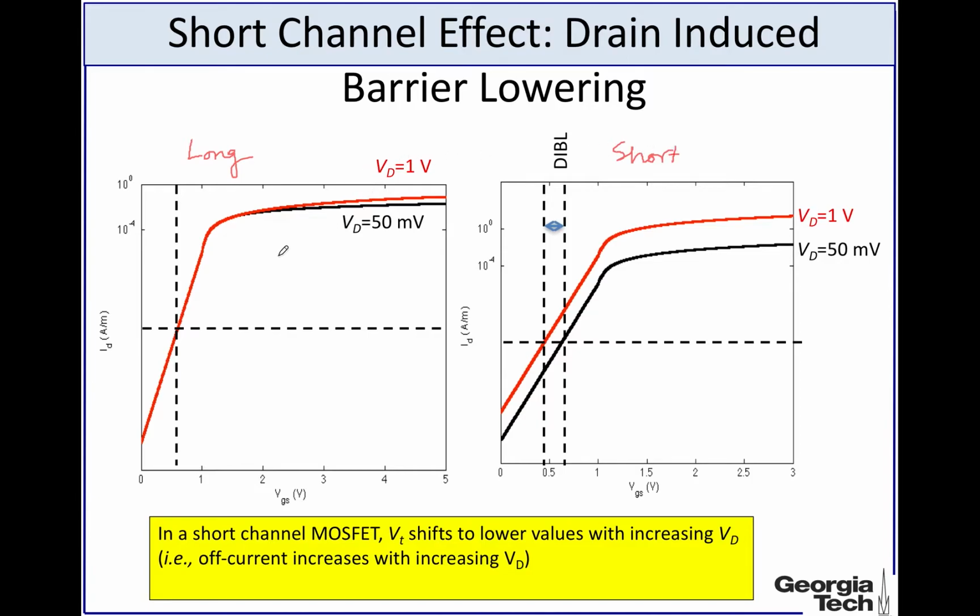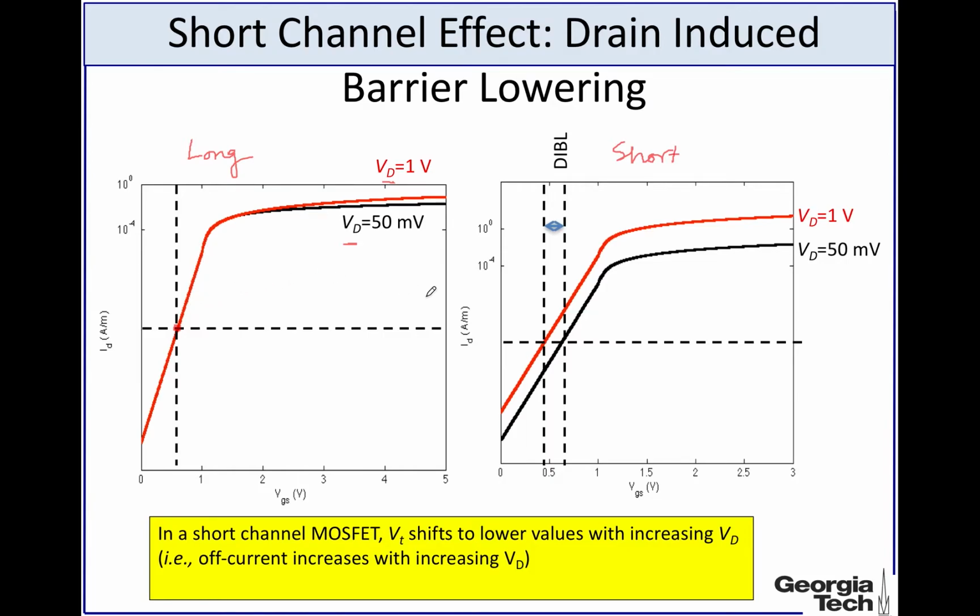Here we see that for two different values of the drain voltage, our subthreshold current is the same, because based on the equation that we derived, the subthreshold current is a very weak function of drain voltage when the drain voltage is of the order of kT by 2. So the black curve and the red curve fall on top of each other when the gate voltage is smaller than the threshold voltage.